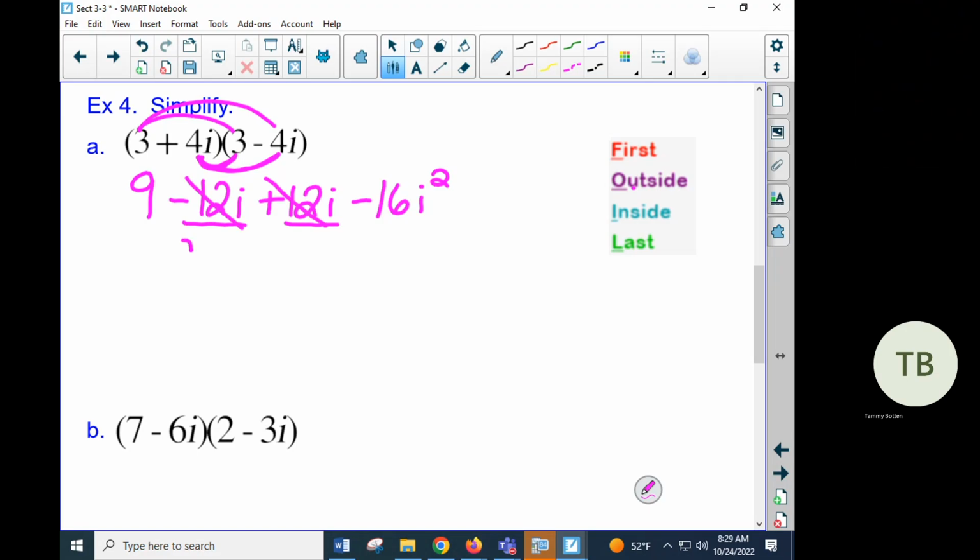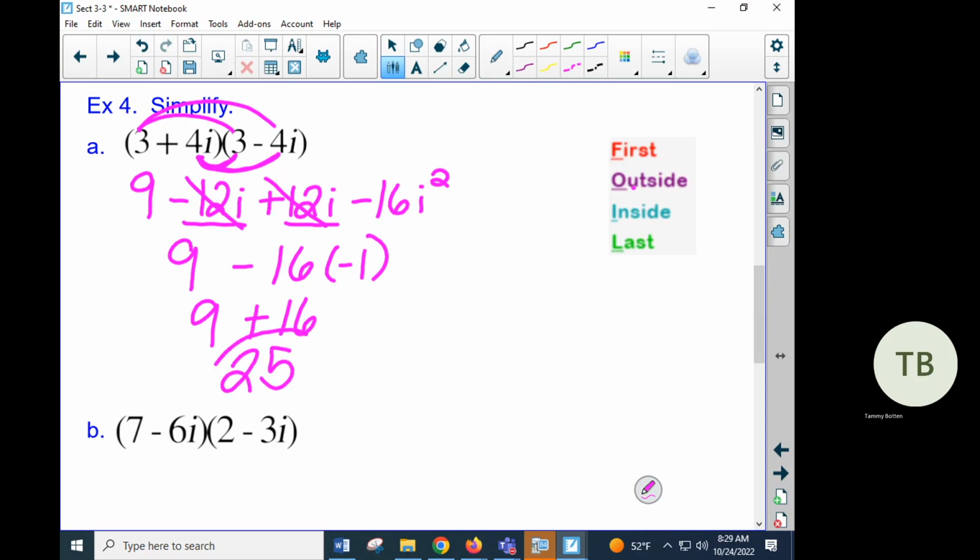Okay, then you'd have 9 minus 16, and what would I put in for that i squared? A -1, okay? What's a -16 times a -1? Isn't that a positive 16, right? And 9 plus 16 is 25, right?